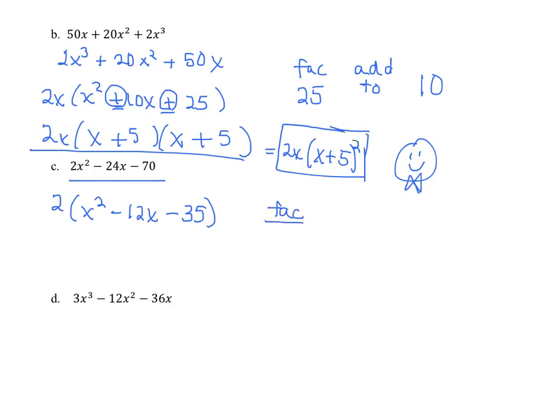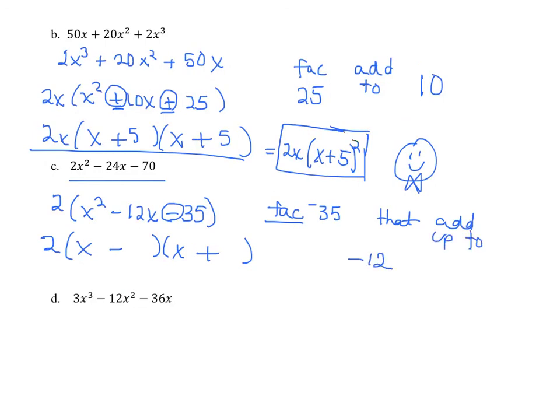Well, before I get into that, I say to myself, self, since this last sign is negative, I'm going to have opposite signs in my problem. x times x is x squared, so I need the factors of negative 35 that add up to negative 12.